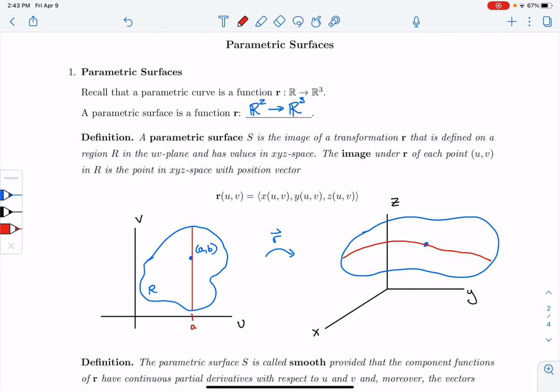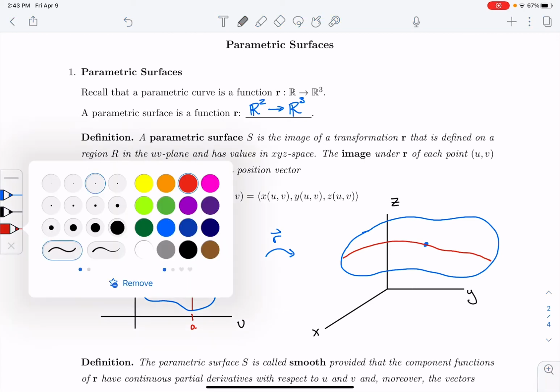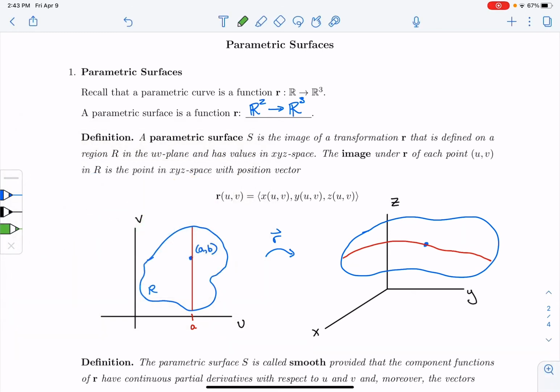You can also imagine that I can travel along the point V equals B in the UV plane. And again, that would correspond to a curve on my surface in the three-dimensional space. So this point here is R of AB.